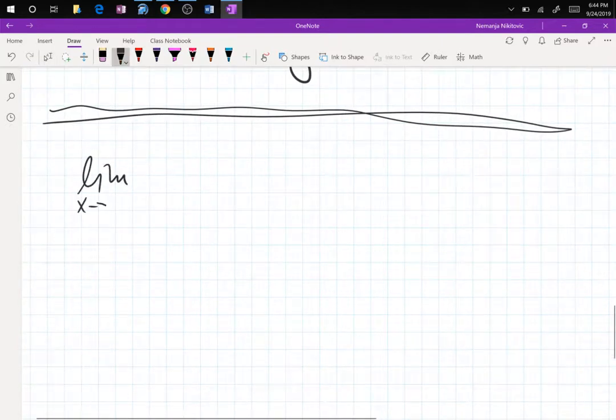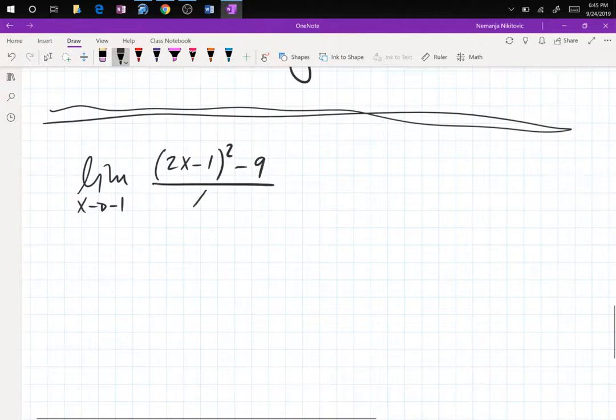Limit x goes to -1 of (2x minus 1) squared minus 9, divided by x plus 1. Awesome. Thank you. Holy nightmare.